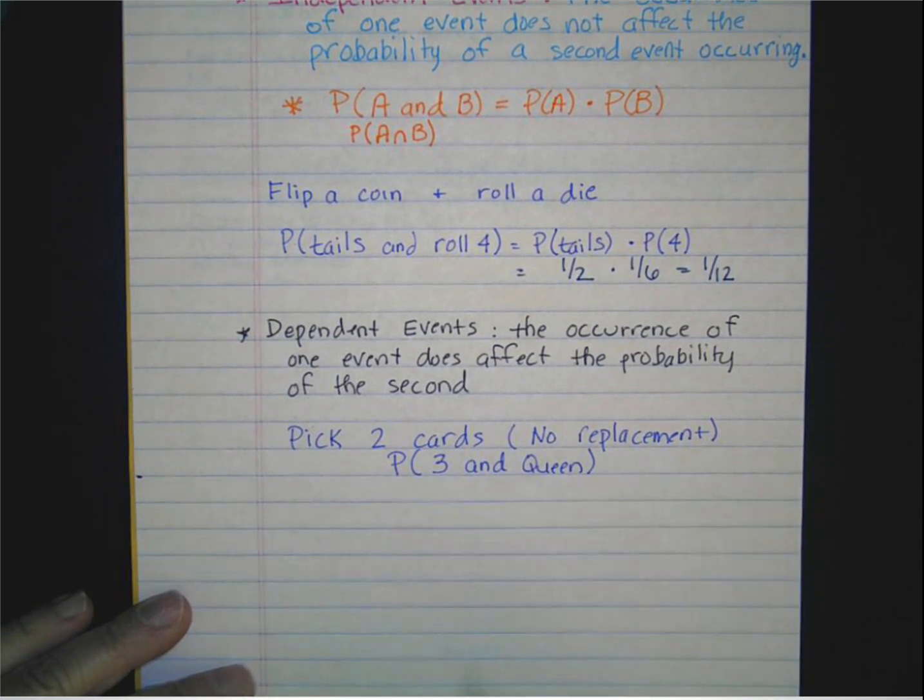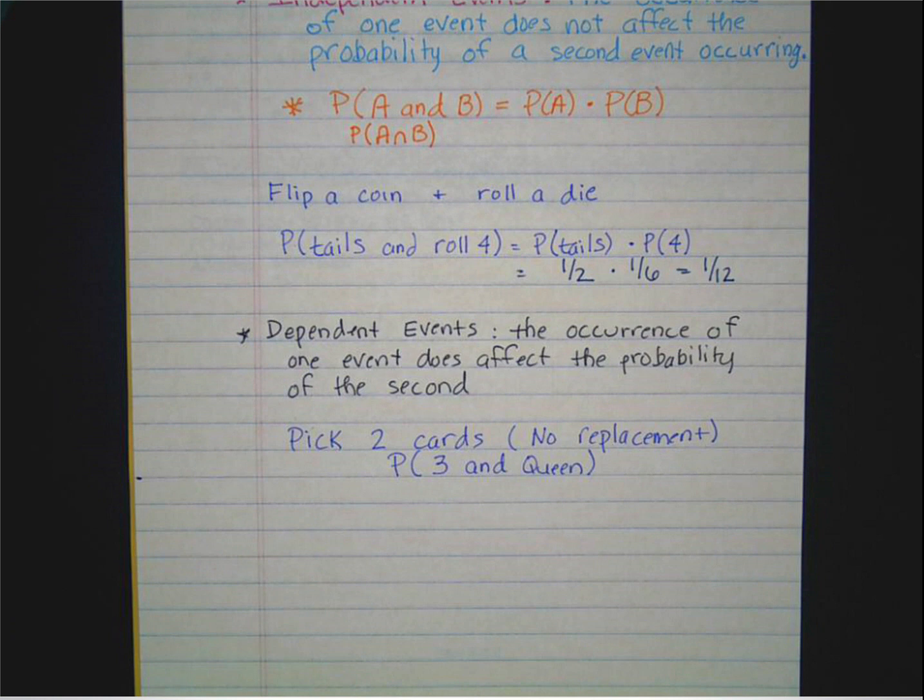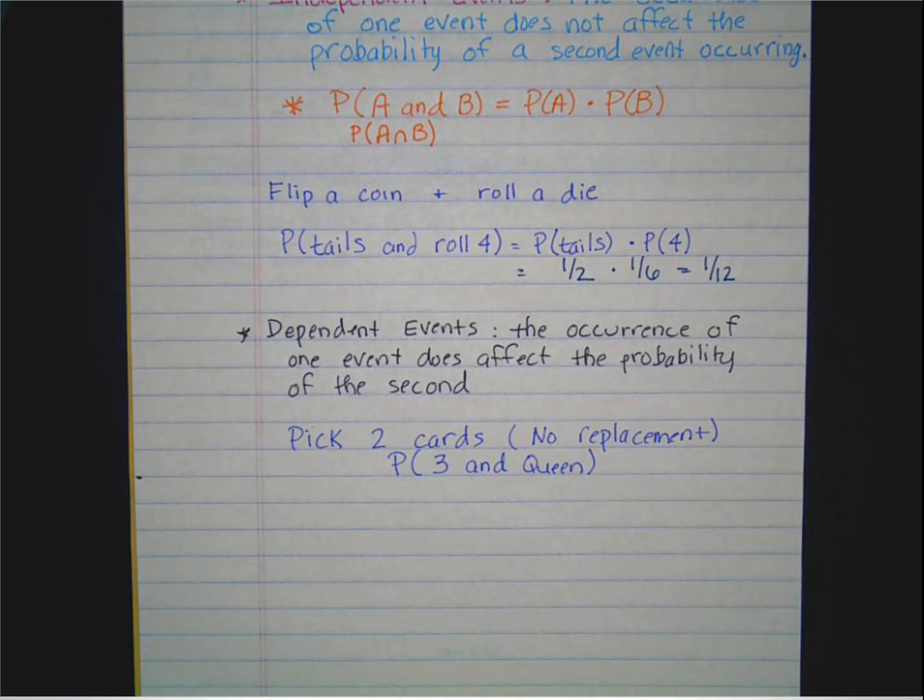Now this is no replacement, so they're affecting each other. When I pull out a card and I hold it, there's fewer cards, so that affects the next card. That's why these are dependent. So you can't just multiply the two together. You have to figure out how it affects it.